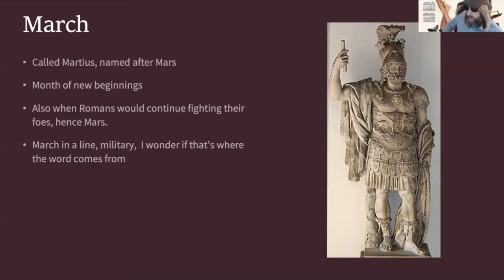So that's why they named this month after Mars, praying to the god of war for victory and whatnot. I'm wondering if the word march, like marching in a military line, came from there as well, but I'm just speculating. I have no proof that that's where that word came from, though it does have a military origin.